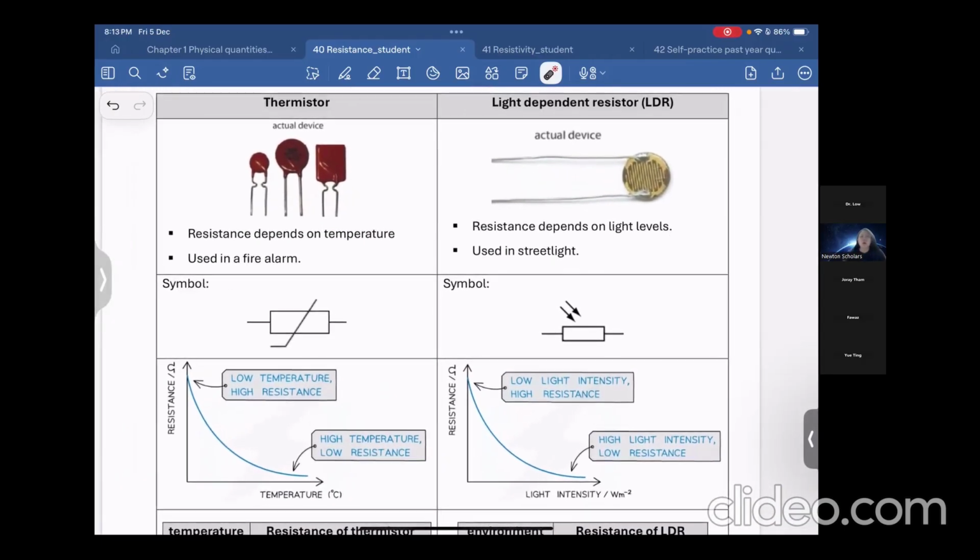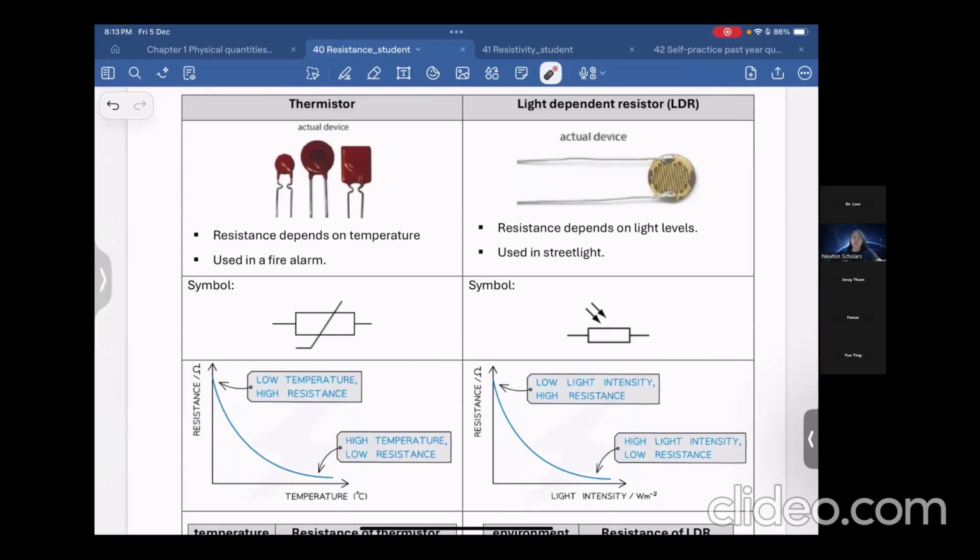These two devices are most of the time connected with a resistor, acting as a potential divider. We learned this in IGCSE and SPM: a potential divider shares the voltage. We connect them in the circuit to trigger the circuit, to detect environmental conditions.